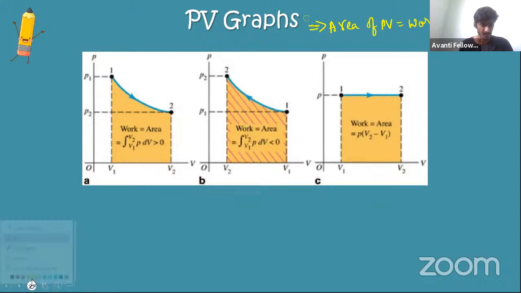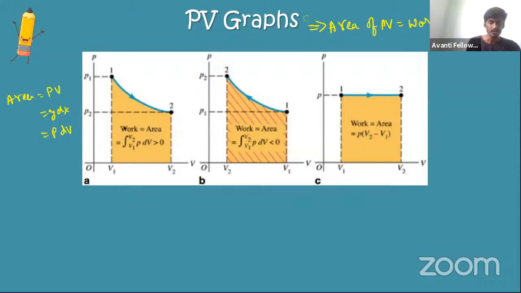Area of PV graphs is always equal to work done, because area of a PV graph is nothing but y-axis into x-axis, pressure into volume. So what is on the y-axis? Pressure. What is on the x-axis? Volume. That is PdV. And you can also find out whether it is positive or negative. Always remember, work done is written as P into (V2 minus V1) also.